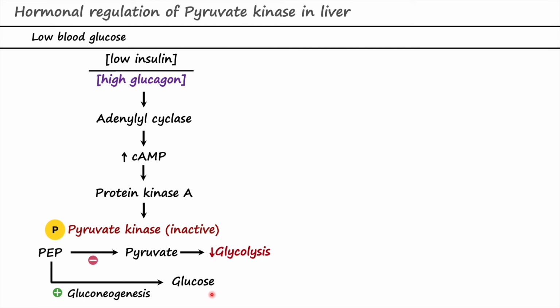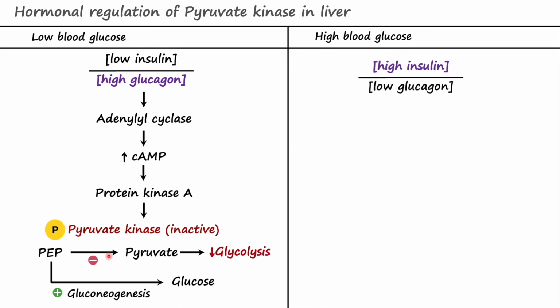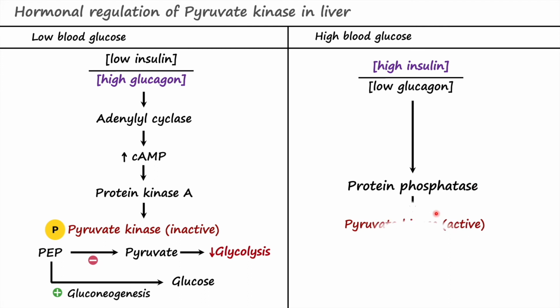ATP. Now on the other hand, in the presence of high blood glucose, there is an increase in insulin level, and the increase in insulin secretion activates the protein phosphatase enzyme, which then catalyzes the removal of the phosphate group on pyruvate kinase, resulting in the activation of the pyruvate kinase enzyme.